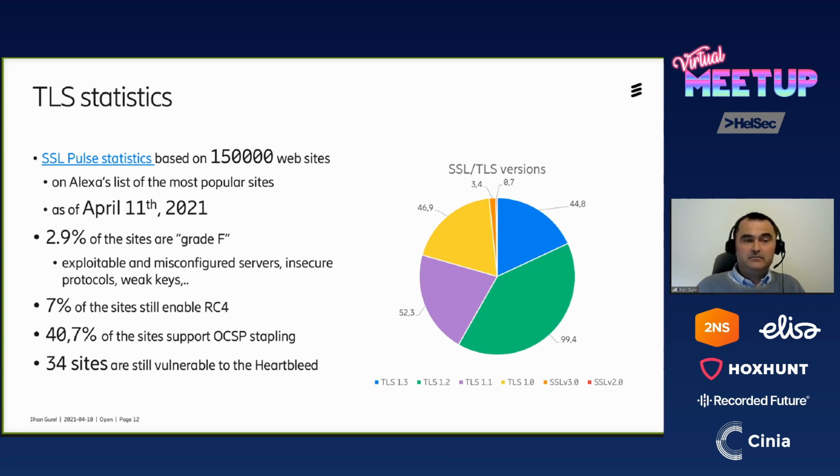Some of them still use stream cipher RC4, which is known to be broken. The good thing is that some of them do support OCSP stapling, and some of those servers, 34 of them to be exact, still use cryptographic implementations that are vulnerable to the Heartbleed attack.